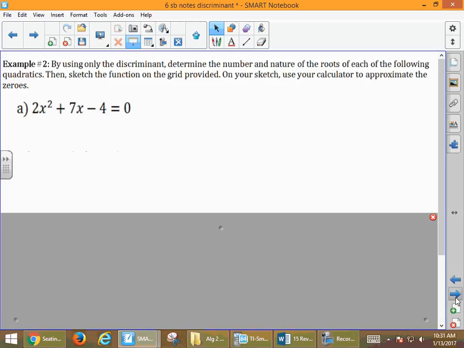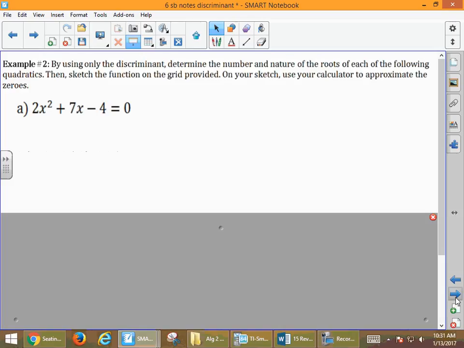And what I'm most concerned about is, can you use your calculator to approximate the zeros? That's my question for you, because I have it drawn in for you because we're going to run out of time. Like we did on the front page here, it says by using only the discriminant, determine the number and the nature of the roots. So we're not going to do the quadratic formula here. It's by only using the discriminant. And then we can sketch the function on the grid provided.